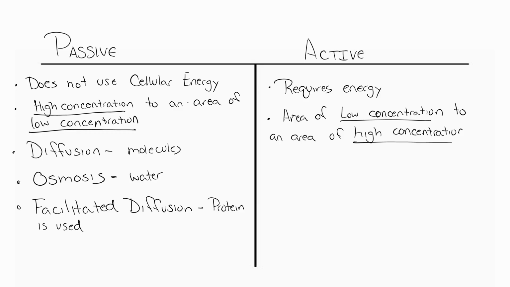And what this means is that it requires energy to do so. So this includes exocytosis, which is the movement of molecules out of the cell, and endocytosis, which is the movement of molecules into the cell. So exo, exit, or out, endo, enter, or in.